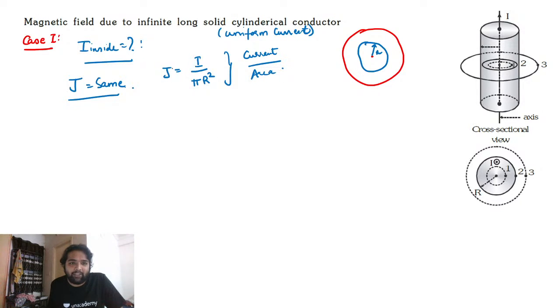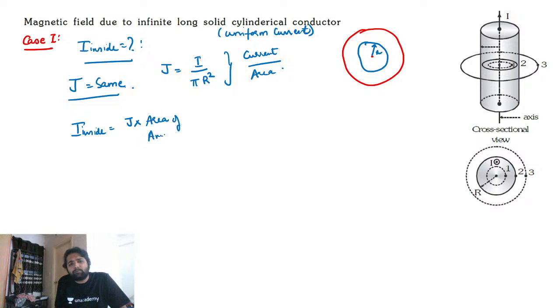So that is the current density of every current which is flowing out. So now current inside will be equal to J into area of loop. हो गया ना simple. The current inside will be equal to J into pi x square.